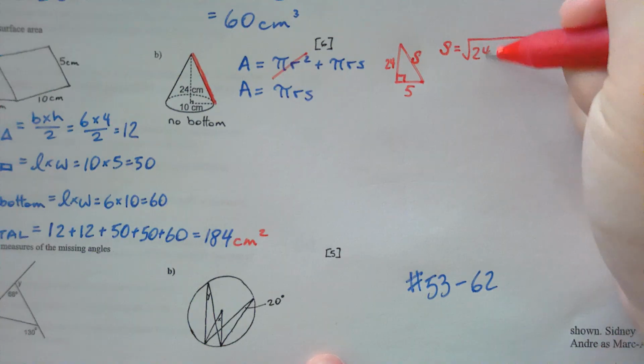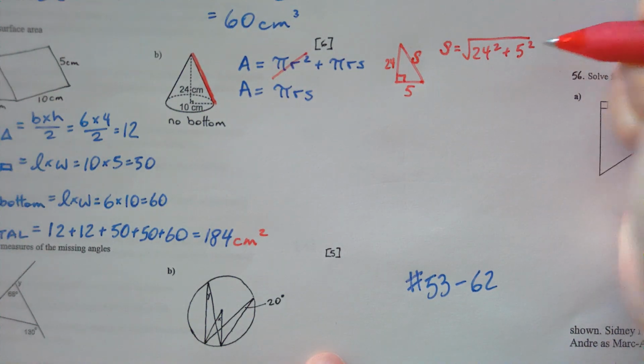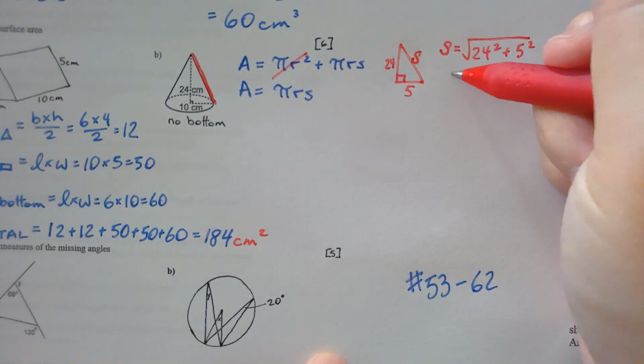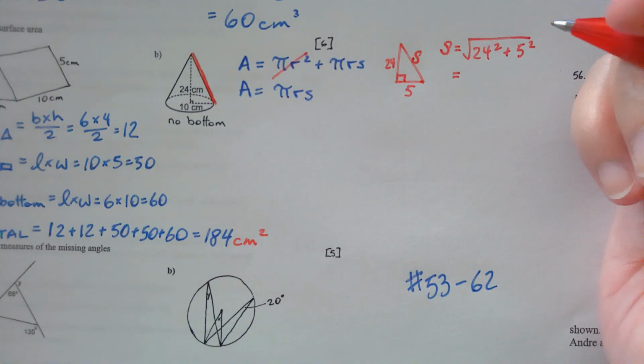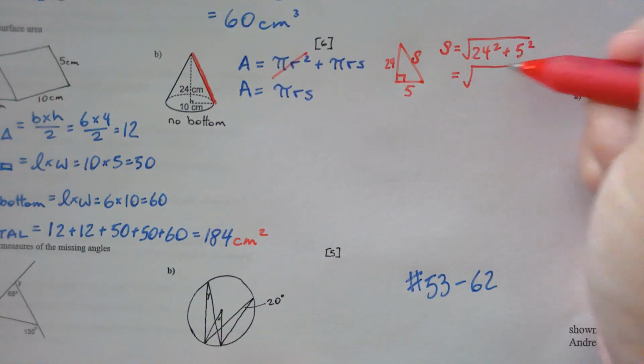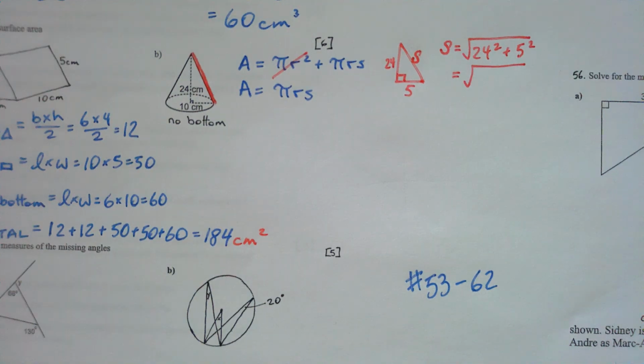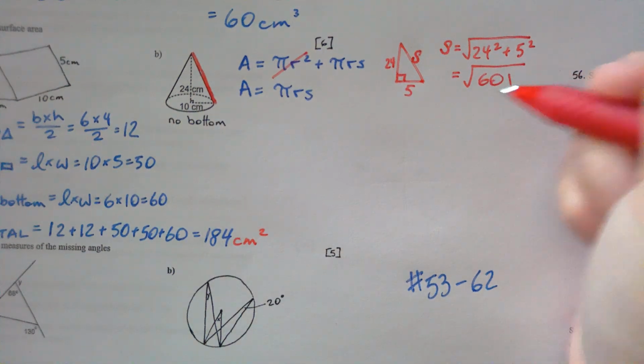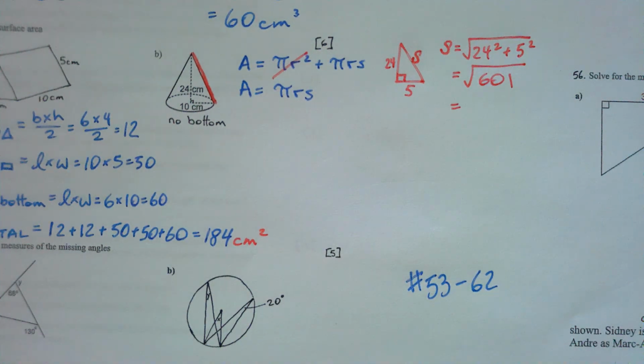So 24 squared plus the 5 squared. 24 times 24 plus 25, 601.